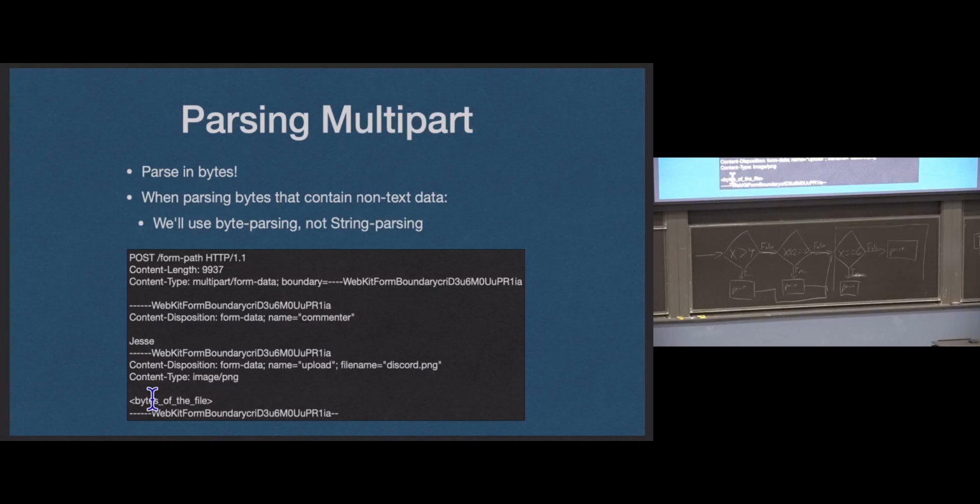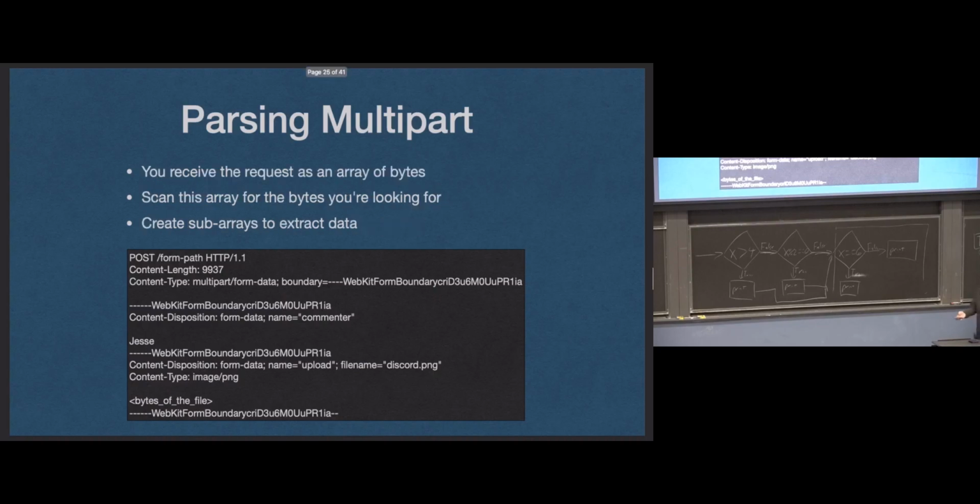But we do have to be careful of this. We have to make sure that we're in the world of bytes, not the world of strings, when we're handling these binary file uploads. To do that, one, we already received the request as bytes. Also, the request constructor takes bytes, not a string. That was also very intentional for this reason.